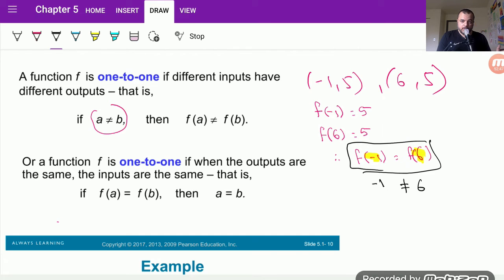If the outputs are equal, the inputs have to be equal. In this case, this is not happening. We found that we have equal images, but the inputs are not equal. So that's why that function is not one-to-one.